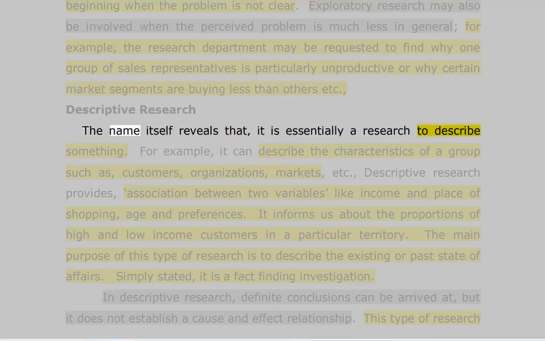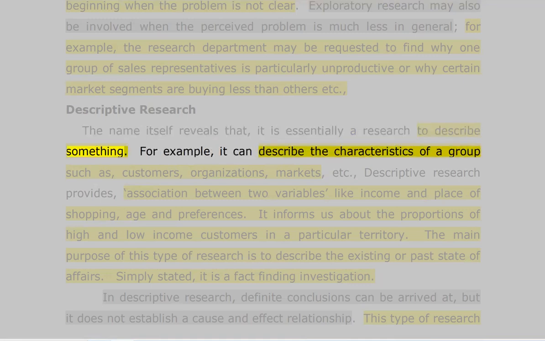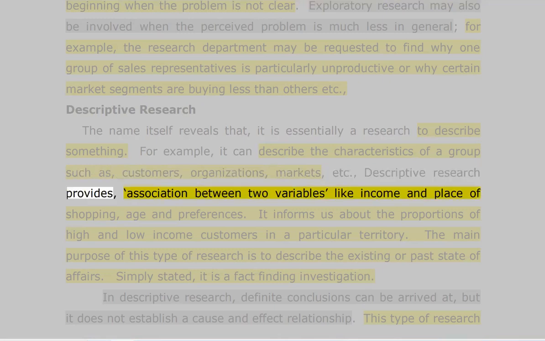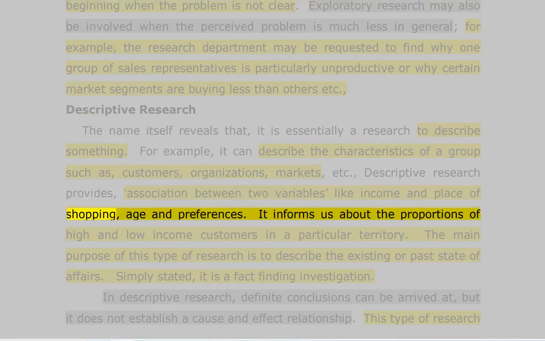Descriptive research, the name itself reveals that it is essentially a research to describe something. For example, it can describe the characteristics of a group such as customers, organizations, markets, etc. Descriptive research provides association between two variables like income and place of shopping, age and preferences.